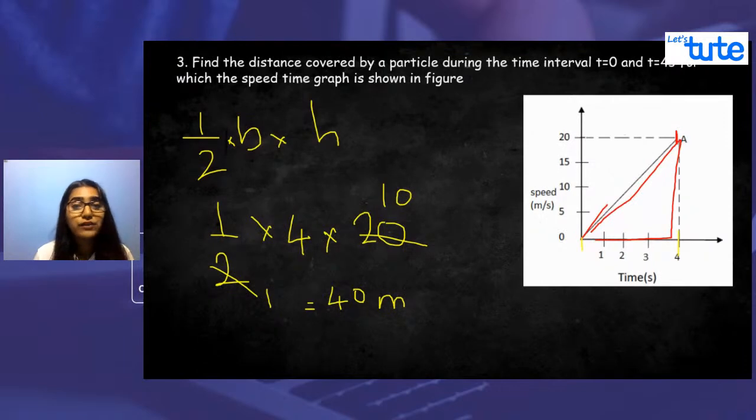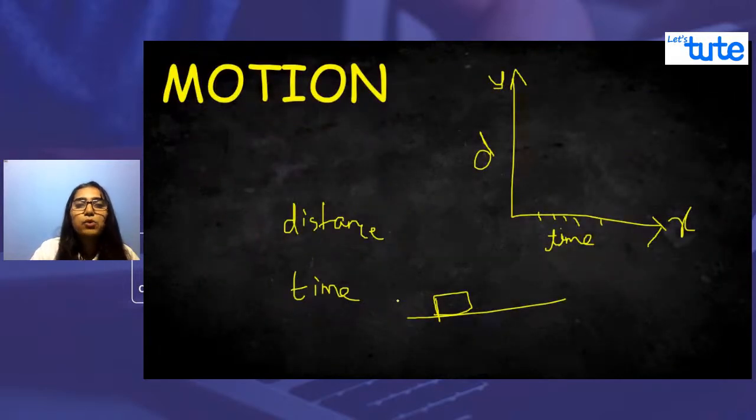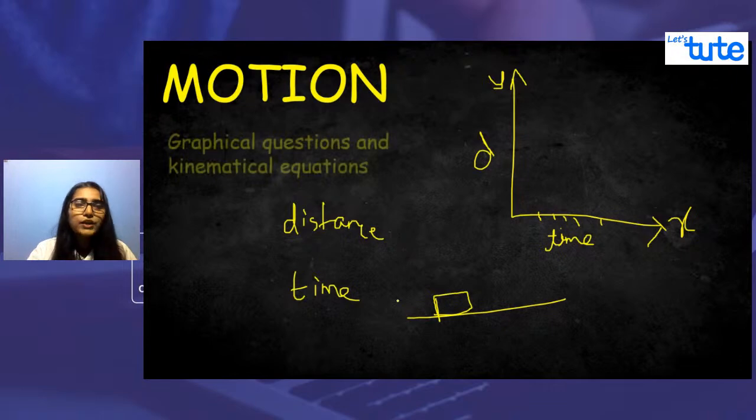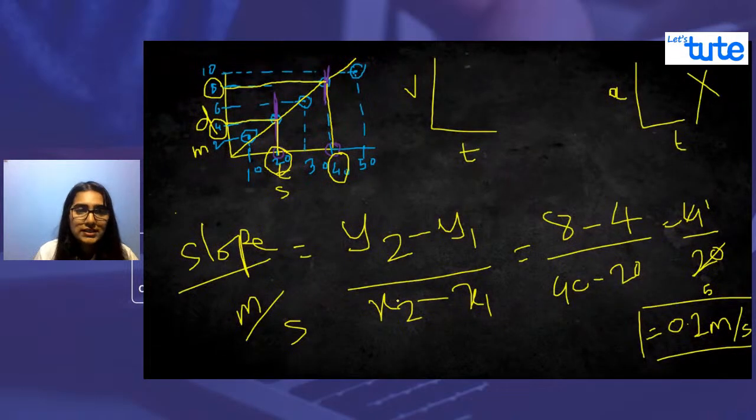Well, I'm running out of time, so I'm going to end this lecture. Before ending, I'll quickly tell you what we covered. We covered what happens in the motion chapter. We covered graphical questions. In graphical questions, I explained the 3 types of graph, that is distance time graph and velocity time graph.